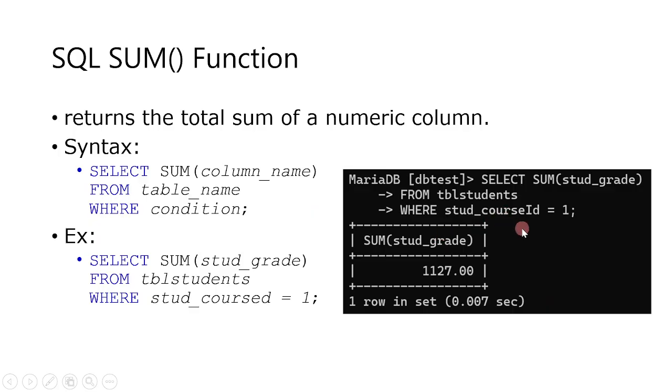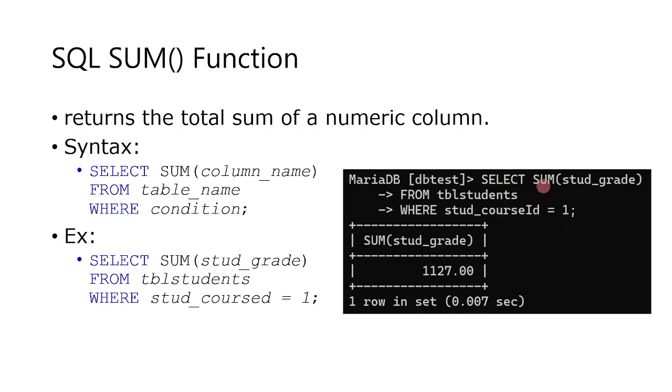For example, I'm going to get the sum of grades, maybe. Anyway, there might be some applications or instances when we are going to get the sum of grades. So here we're going to get the sum of the grades of all BSIT students.